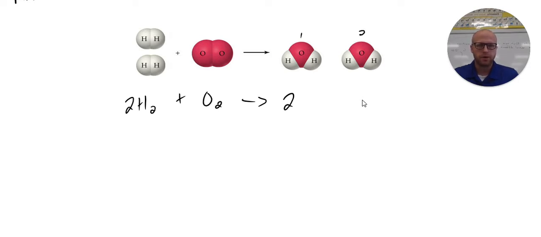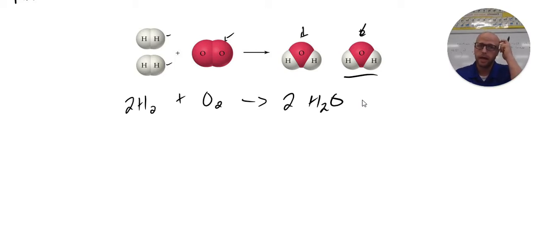And each molecule of water has 1 oxygen atom and 2 hydrogen atoms, so H2O. So all water is H2O. All water has these 2 hydrogens and 1 oxygen. So at the most basic level, this is how a reaction happens. It happens because we're counting how many atoms of this I have, how many atoms of this I have, will produce how many atoms or molecules of the products that I get.